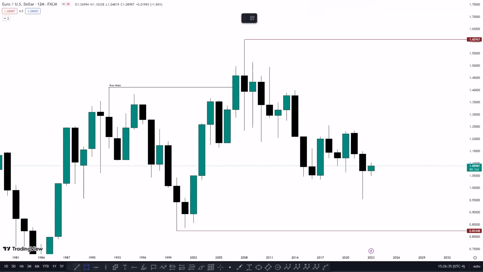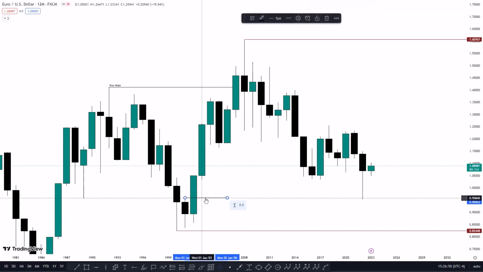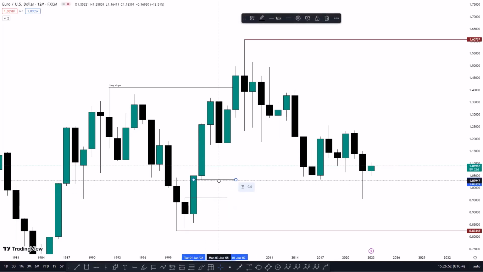So the high of this bearish candle and the low of this bullish candle did not overlap. As you can see, you have a price inefficiency between this candle and this candle. From the first candle to the third candle, there is price inefficiency.